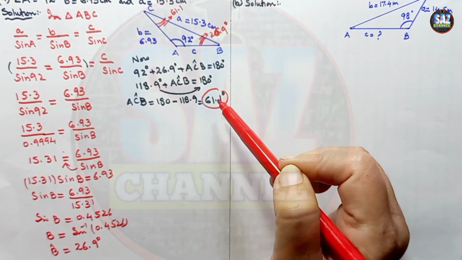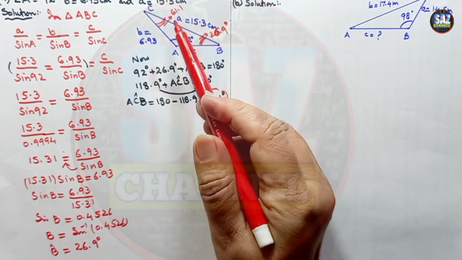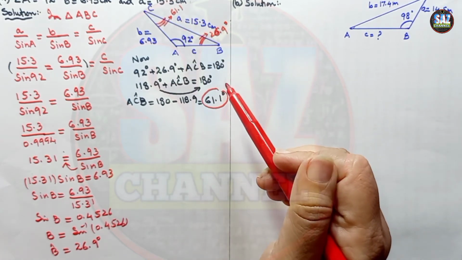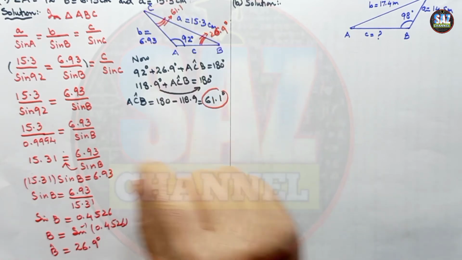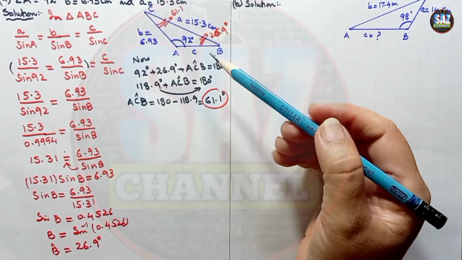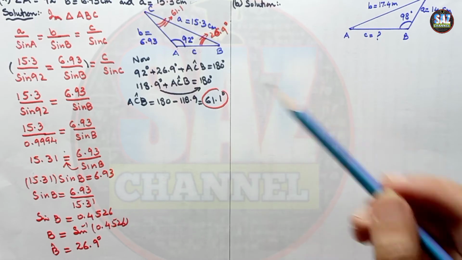Otherwise you have to recheck your calculation. So we are done with the angle calculations, and now we are left with the calculation of a side. Two sides are already given and we just have to find the length c. Now length c is unknown.